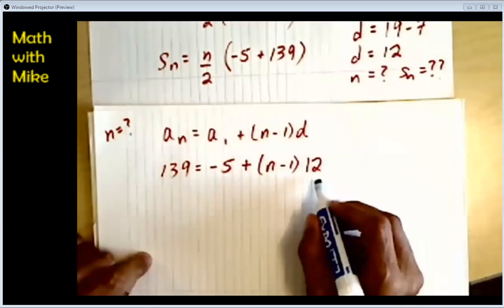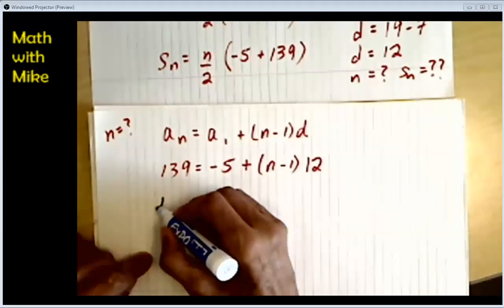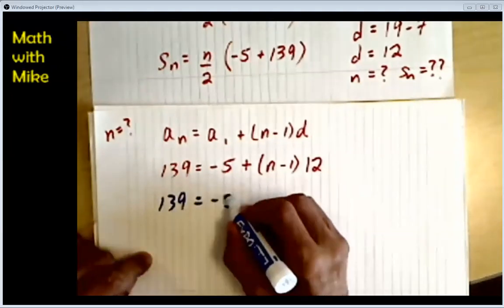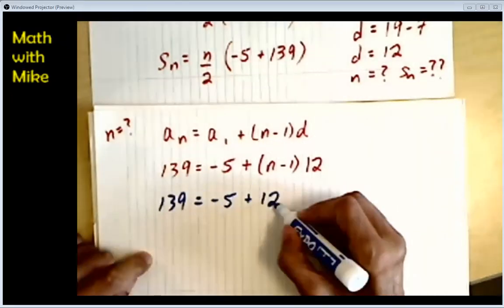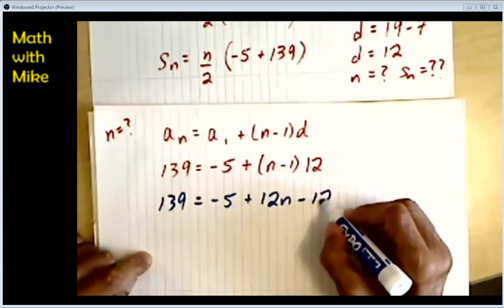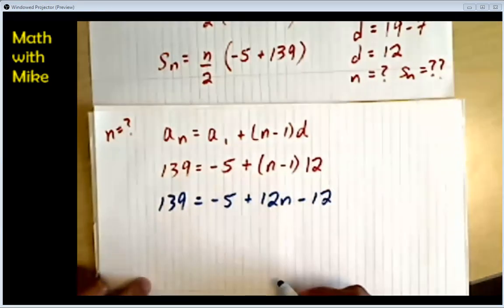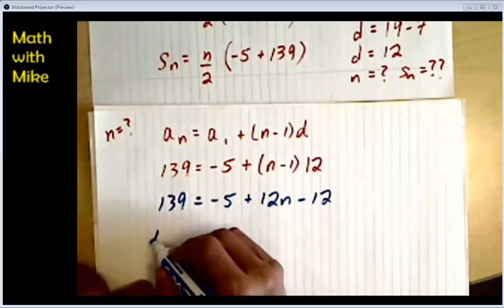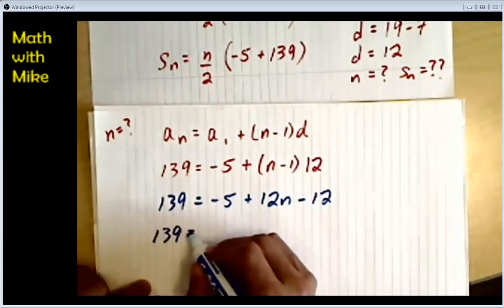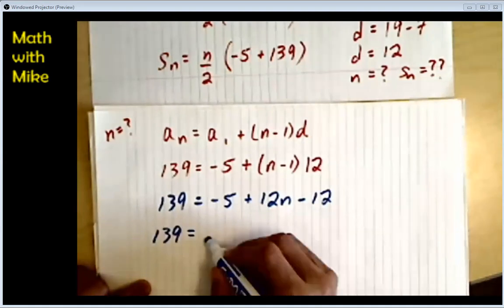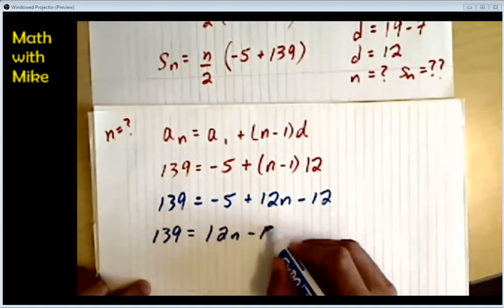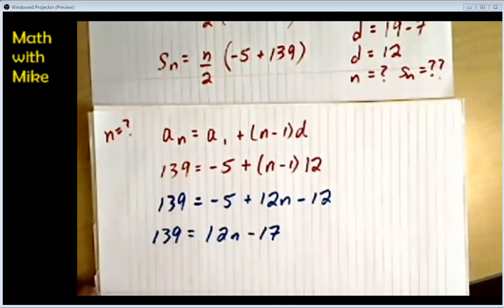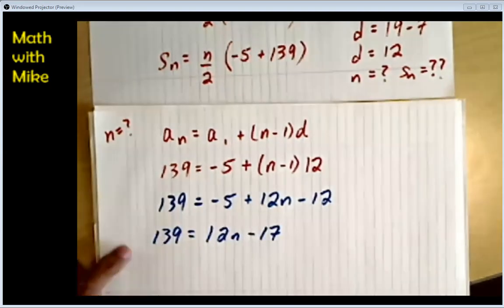Okay, so let's multiply that through in our usual way. Minus 5 plus 12n minus 12. And this will give 139 is 12n minus 17. So just doing algebra, right? Solving for n now.